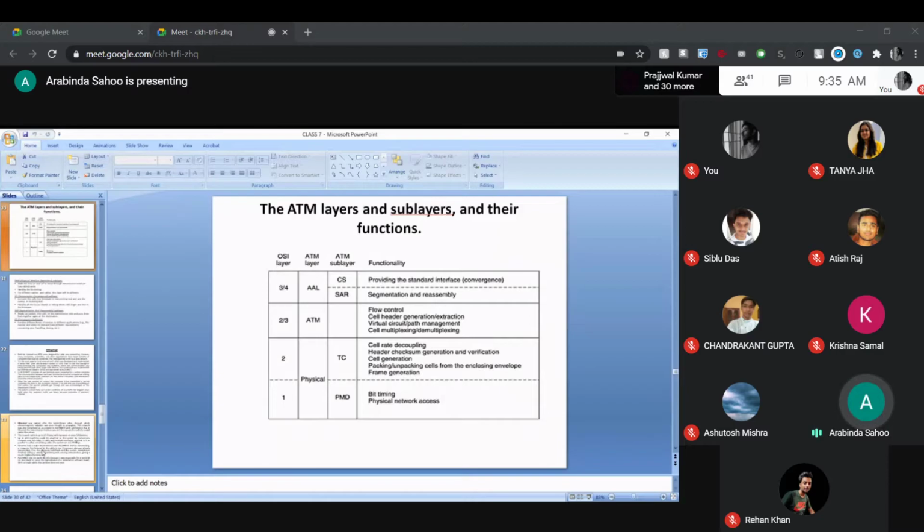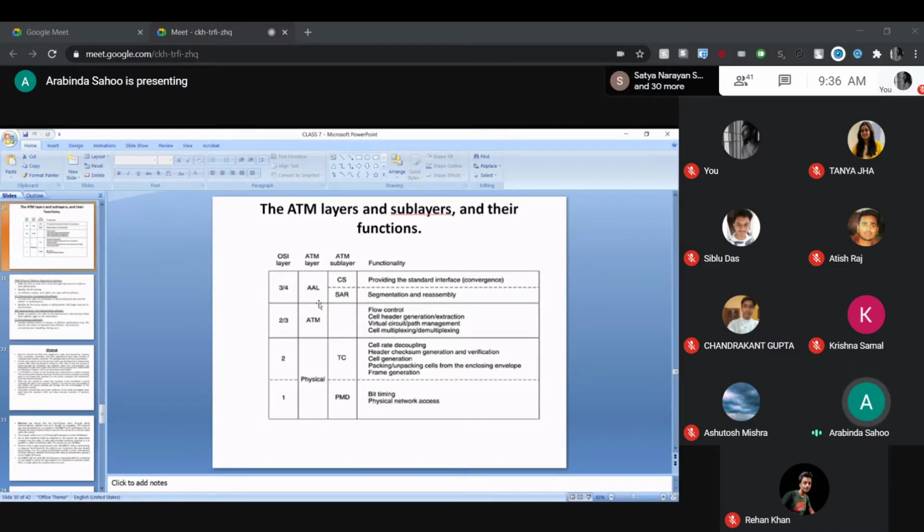So, ATM layers and sublayers and their functions. If you compare all these layers with the OSI layers, how are they related? Simply draw this table.